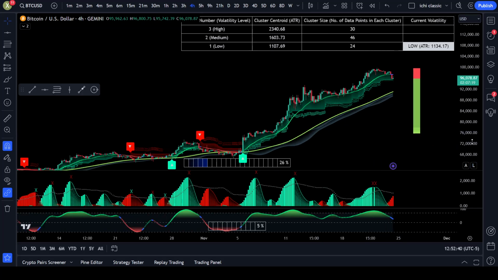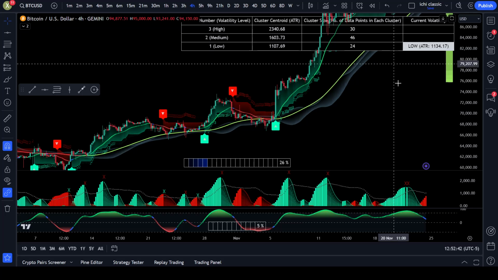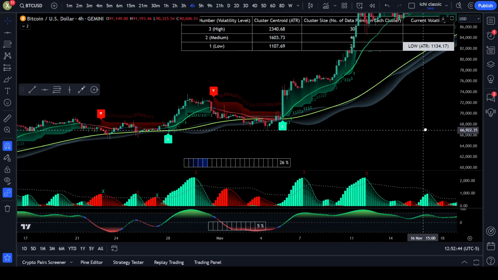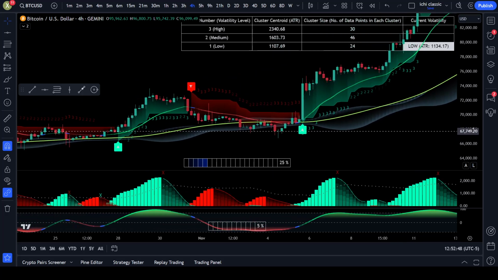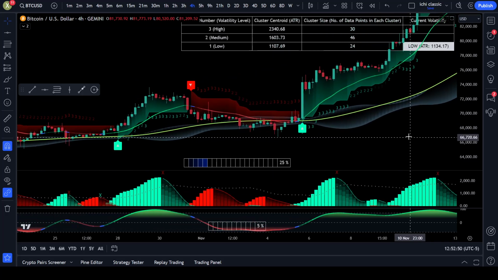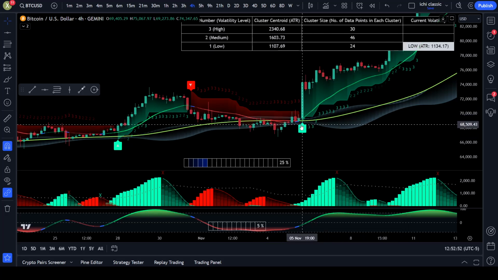So in the past, if we test this indicator, which I did like 10 times, couldn't find a mistake yet. So here is the buy signal. So on this particular buy signal, I'm gonna mark it.